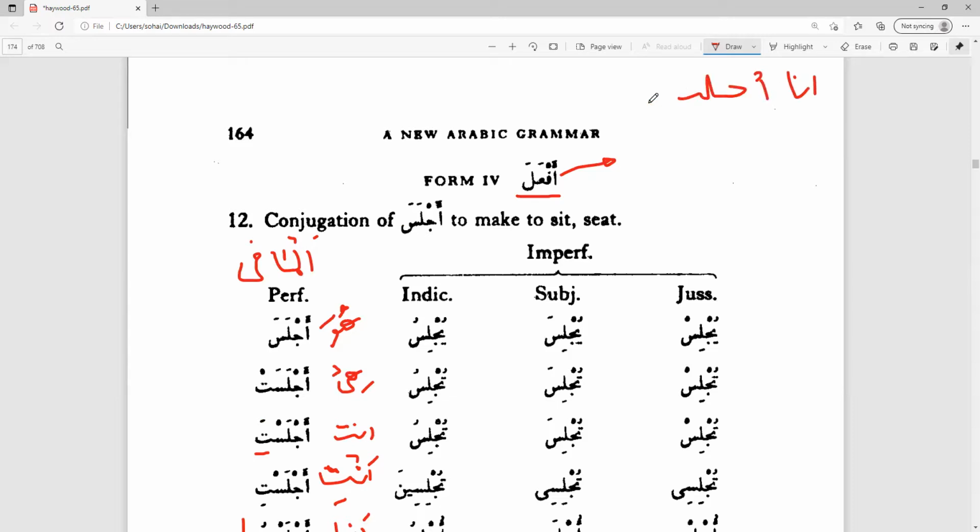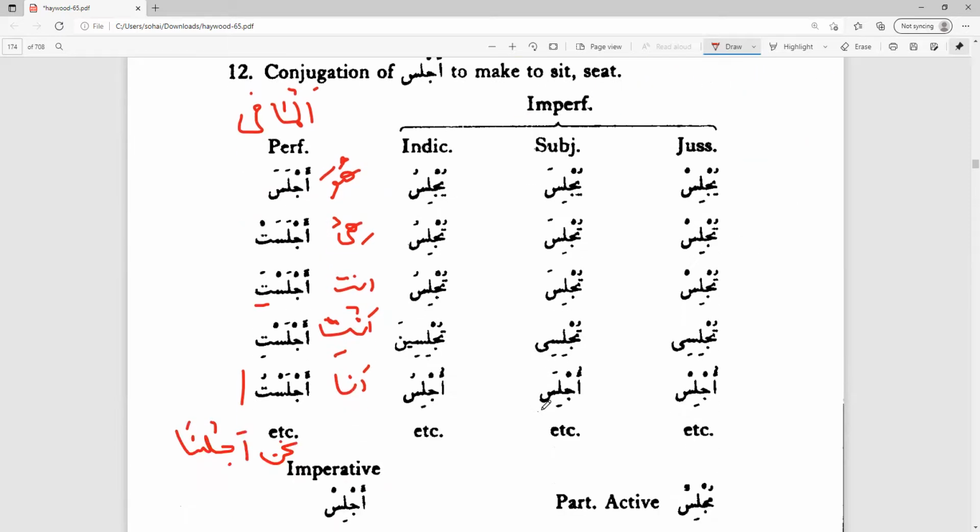In past tense, we already learned that when it's majhul, the first letter gets a dhamma, and the second radical normally gets a kasra. So it's similar. Ana ujlistu, nahnu ujlisna, anta ujlista, antuma ujlistuma, antum ujlistum, and so forth.